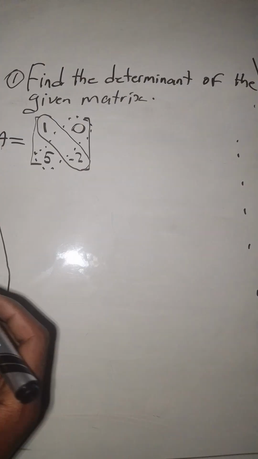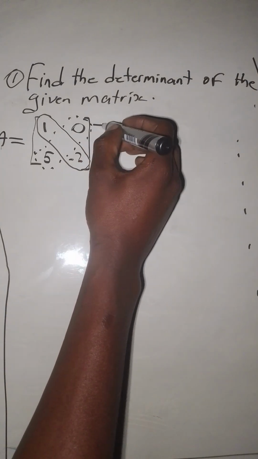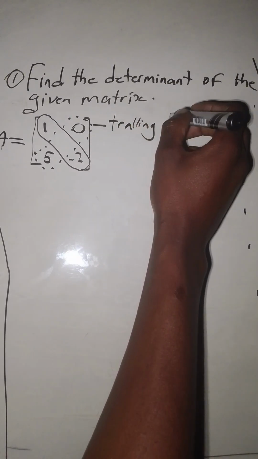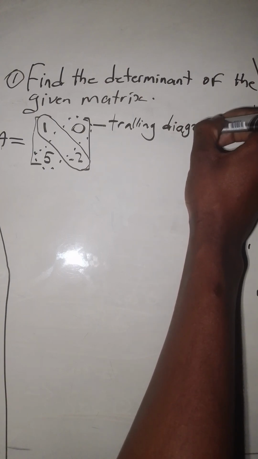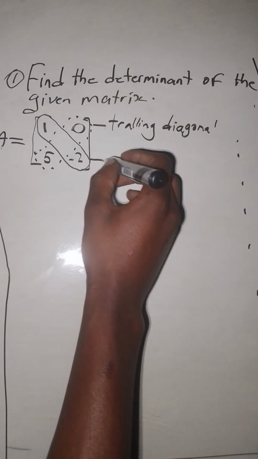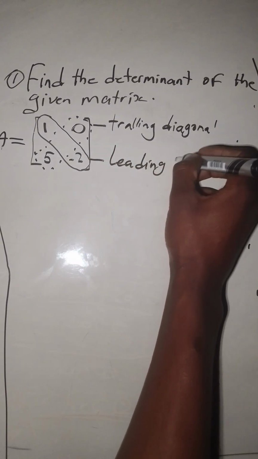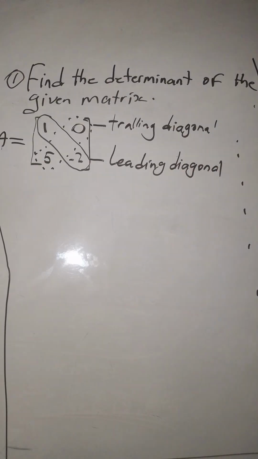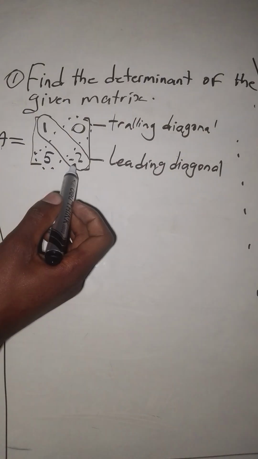So what you do is subtract the trailing diagonal from the leading diagonal. Okay, so this is what you are supposed to do. Find the difference between the two. So multiply this one times this one.